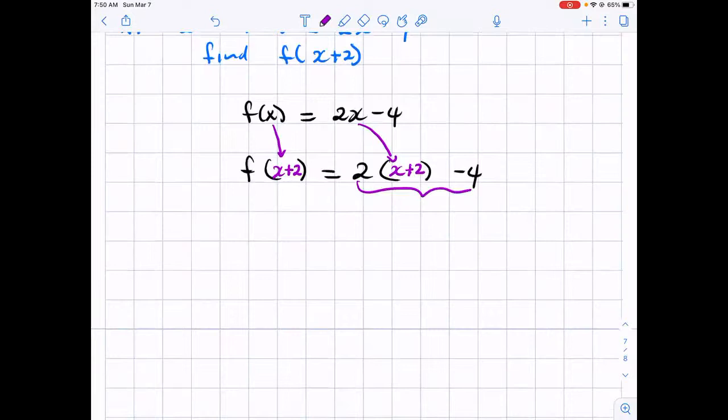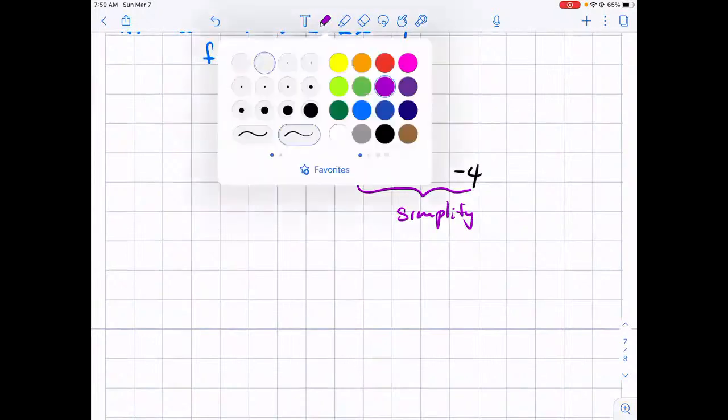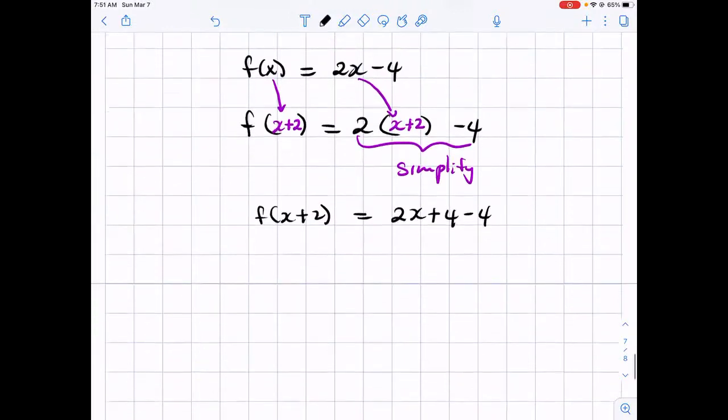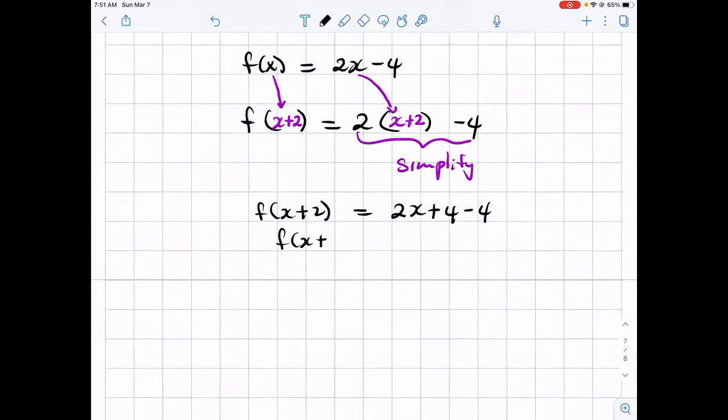And here we can simplify it. If we simplify this, we have f of x plus 2 is equal to 2x plus 4 minus 4. So f of x plus 2 will be equal to, this will cancel with that. Okay, so we are left with 2x. So when the input is x plus 2, the output is 2x.